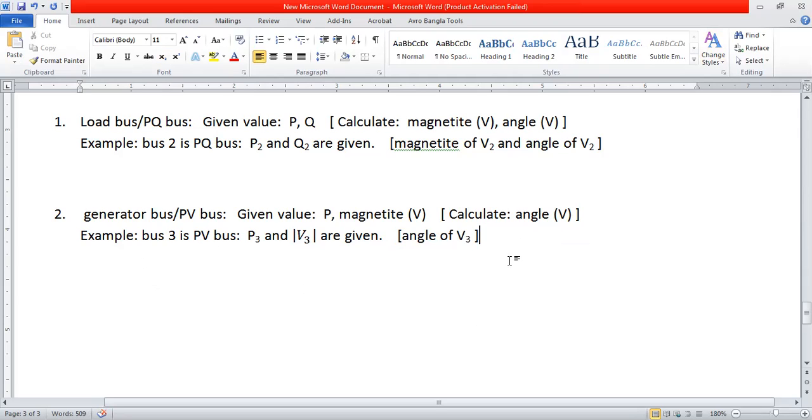So this is the second type of bus, the PV bus or generator bus.